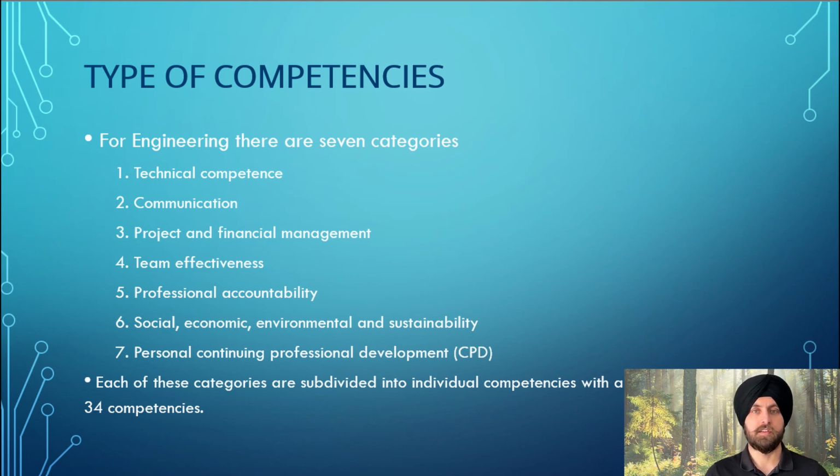Each of these categories is subdivided into individual competencies with a combined total of 34 competencies. You have to qualify all these 34 competencies to become a professional engineer.